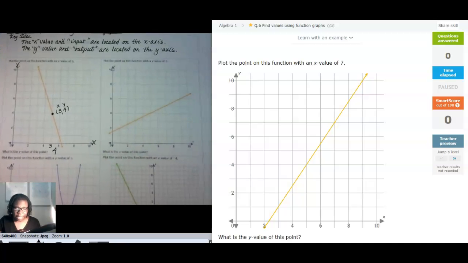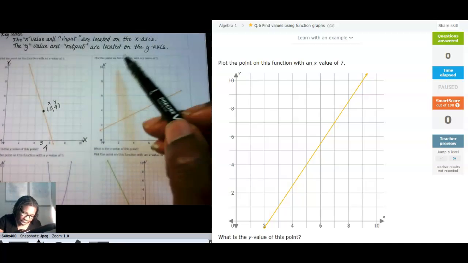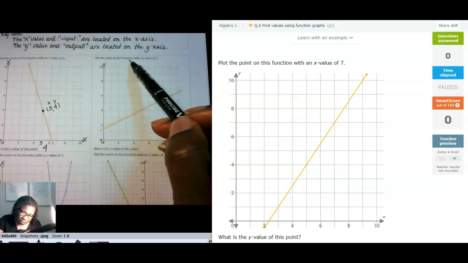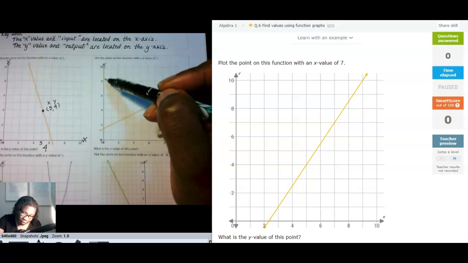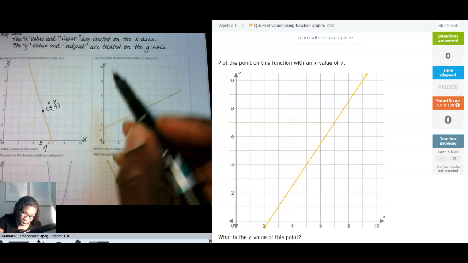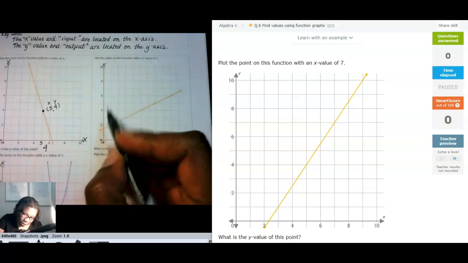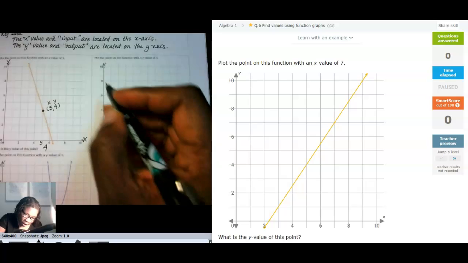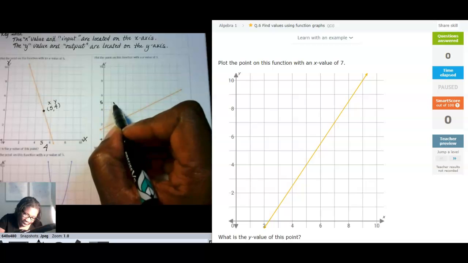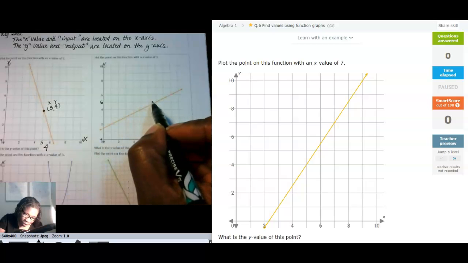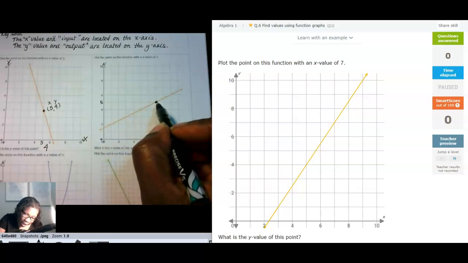Let's move on to the second one here. It says, plot the point on this function with the y value of 5. So remember, the y value is found along this vertical line. So I'm going to find 5. So this is 1, 2, 3, 4. Here is 5. I'm going to take my pen and run it over until I see the graph, which is the drawn line.